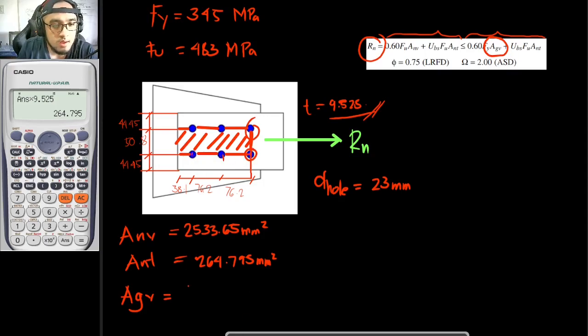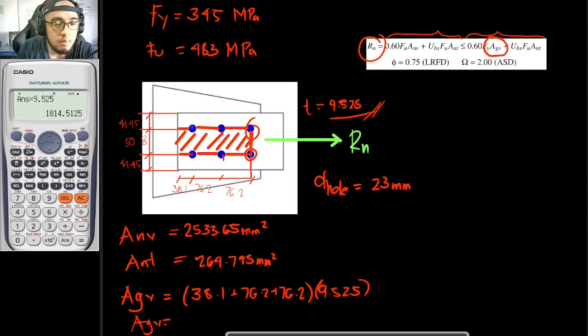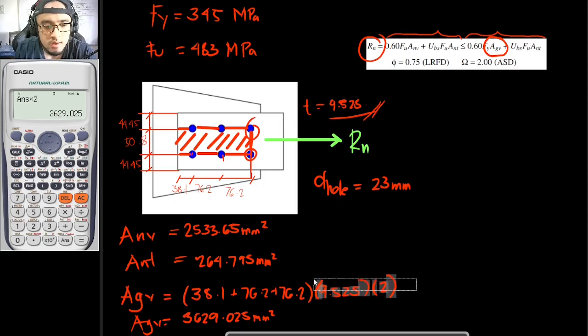So that is basically 38.1 plus 76.2 plus 76.2 times the thickness of our plate, which is 9.525. And since we have two shear areas, multiply this by 2. So 3629.025 millimeter squared. So there.